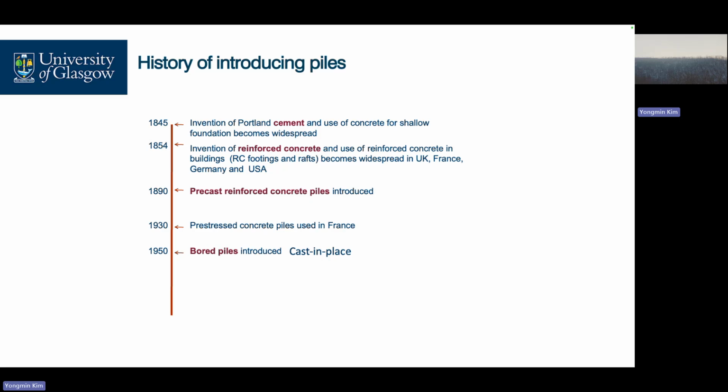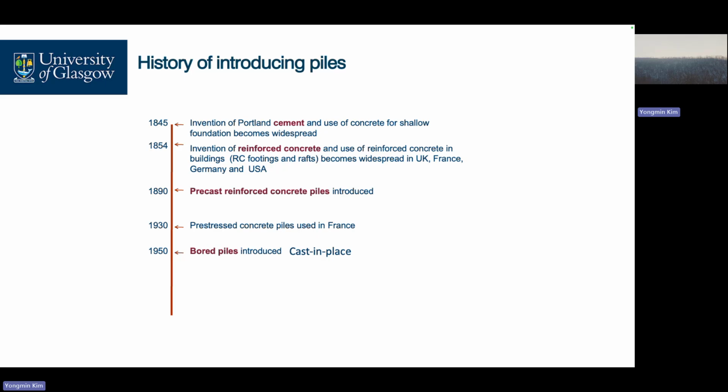We insert our rebar into the cement paste and then cure it, which is reinforced concrete. Then after that, prefabricated reinforced concrete, circular in shape and long. Then this is our pile.